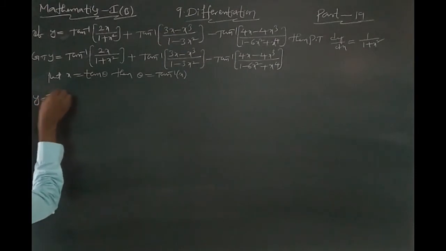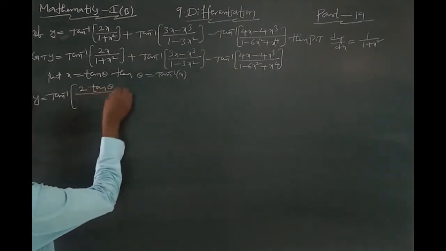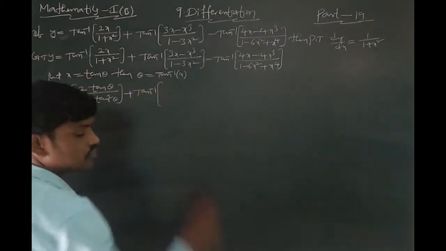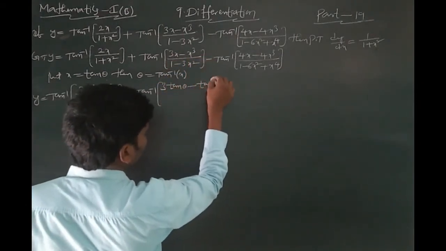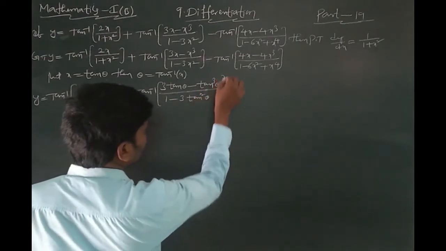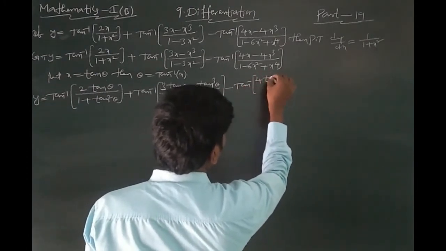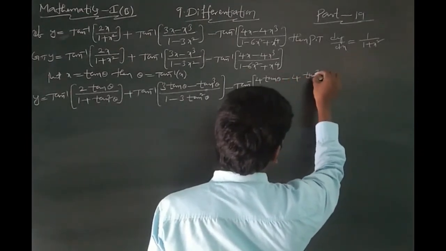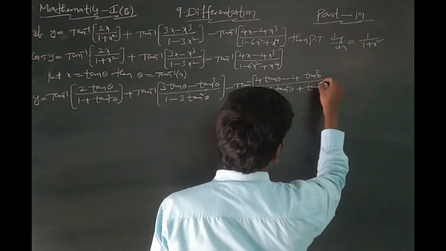Substituting x as tan theta, y is equal to tan inverse of 2 tan theta by 1 plus tan square theta, plus tan inverse of (3 tan theta minus tan cube theta) by (1 minus 3 tan square theta), minus tan inverse of (4 tan theta minus 4 tan cube theta) by (1 minus 6 tan square theta plus tan power 4 theta).